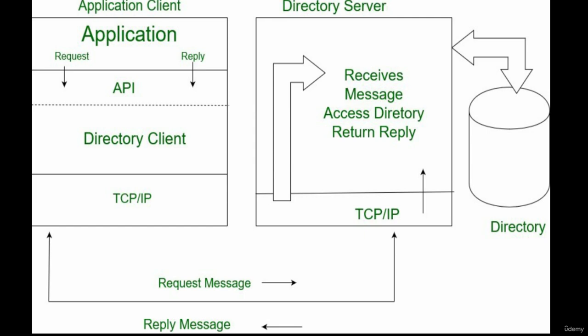Application request and reply, directory client over TCP, then it connects with the directory server. Application sender, directory receiver, then whatever you want, just give it and the reply returns this information to the application client.